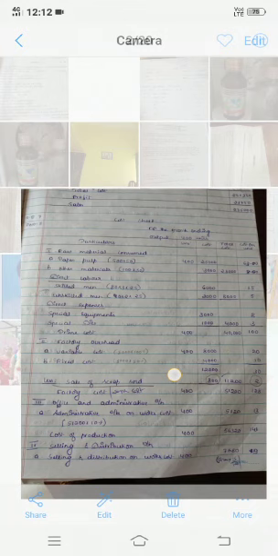Then other materials, it is also given 100 multiplied by 30, so that is 3,000. If you want cost per unit, 3,000 divided by 400, that is 8, right? Then direct labor, they are telling skilled men are 80 multiplied by 3 multiplied by 25, that is 6,000.